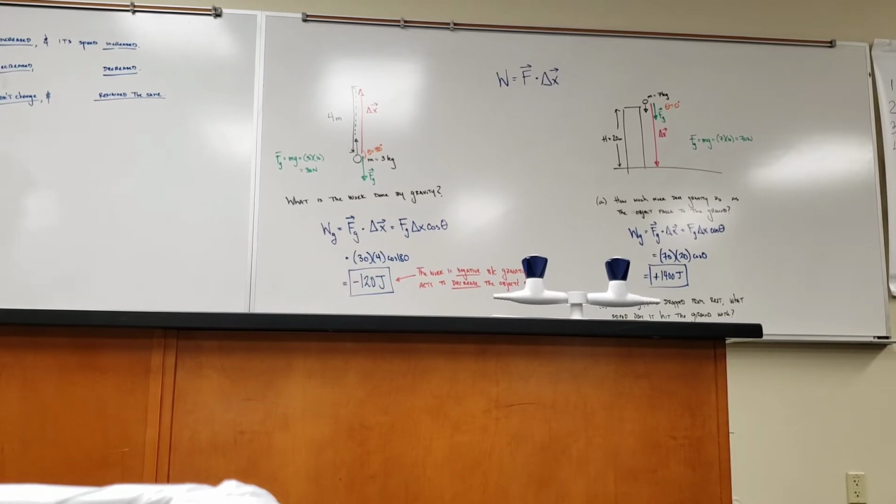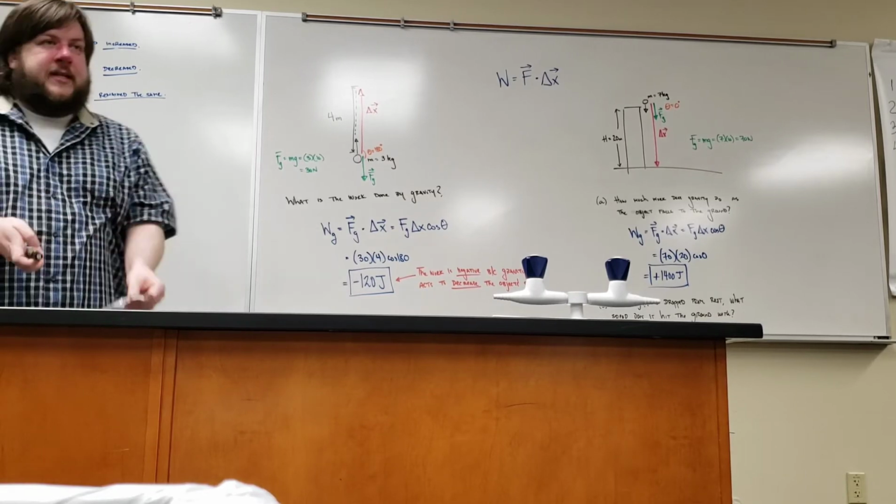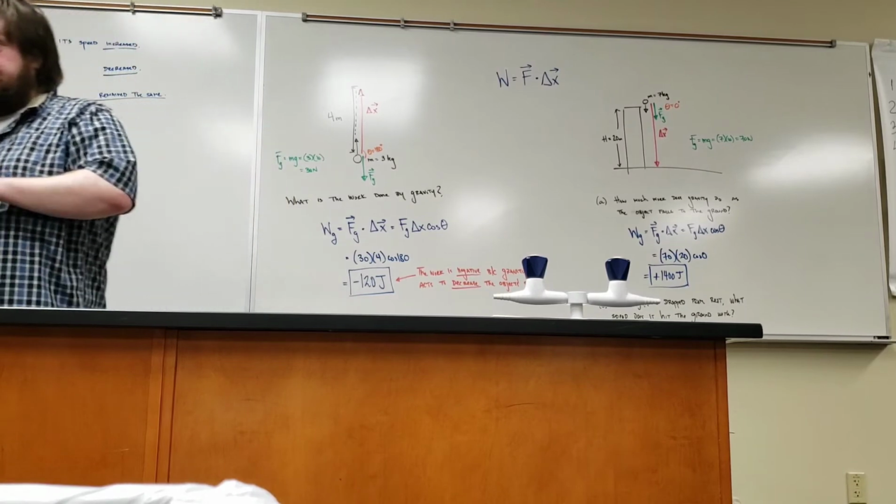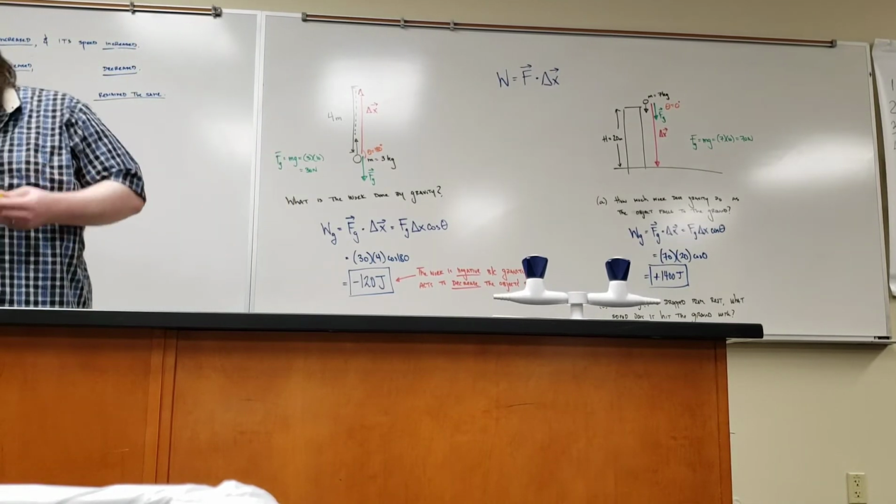As the object is falling, what forces are acting on the object? Gravity is acting on the object. What else? Normal force. What's required for there to be a normal force? A surface. As it's falling, is there a surface? No. What other forces can you think of? What about friction?